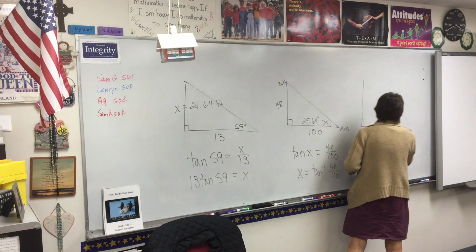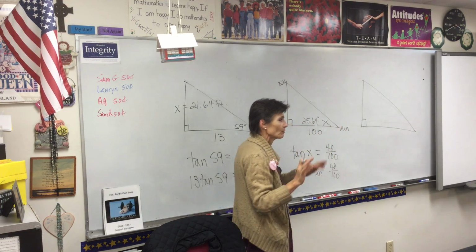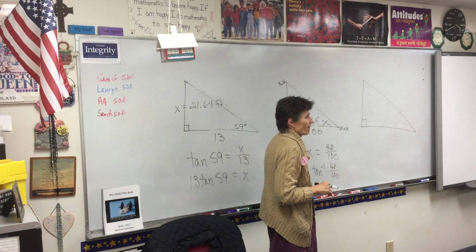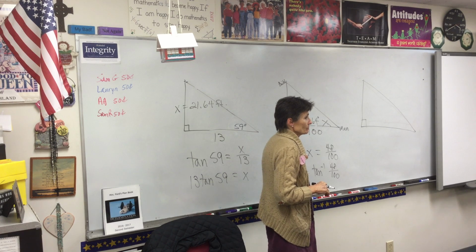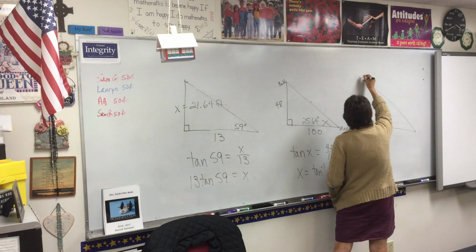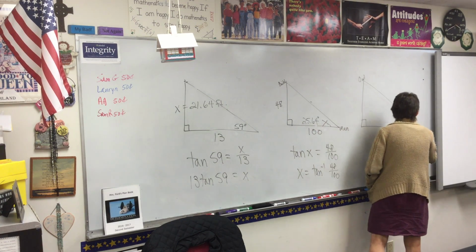Okay. We'll do one for Addie real quick, okay? Here's the situation. I'm not going to write it out, just listen. I have an owl on the top of the tree. He's looking at a mouse on the ground.